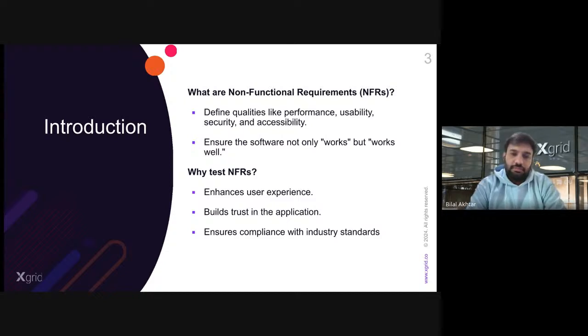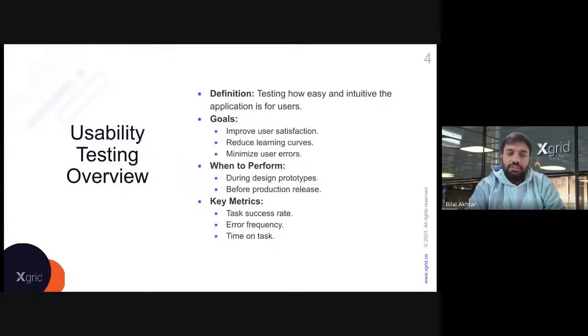Why test non-functional requirements? It enhances the user experience, builds trust in the application from the end user's perspective, and ensures compliance with the standards of different industries, as there are multiple things we need to comply with. So we will discuss usability testing first.